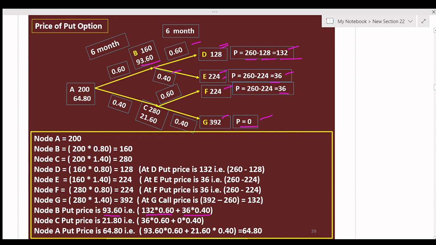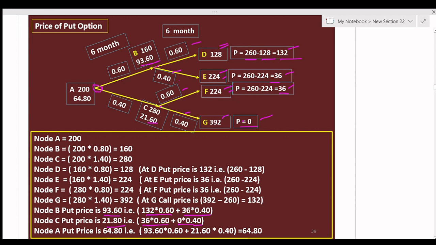And at point C, it will be 36 into 0.60 plus 0 into 0.40, which is 21.60. Here I write at node C, 36 into 0.60, 0 into 0.40, it will be 21.60.